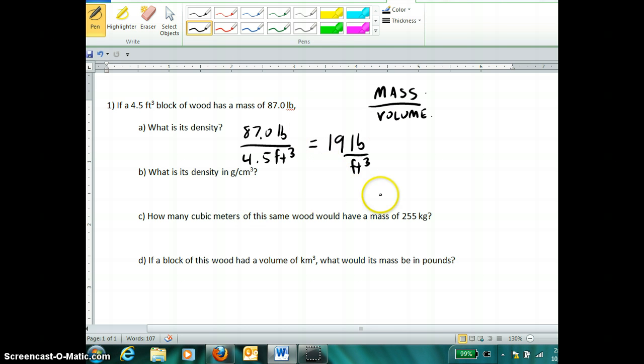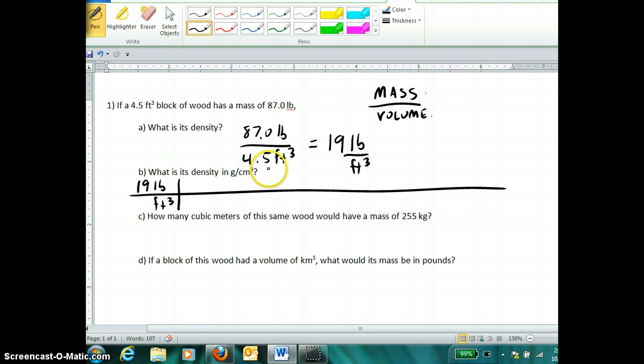Of course, sometimes these units are not convenient, so maybe we're asked for a density in specific units, such as grams per cubic centimeter. And if that's the case, we can simply make a conversion. 19 pounds per cubic foot to grams per cubic centimeter. Cubic feet, of course, can be converted to cubic centimeters by using a relationship with cubic inches.